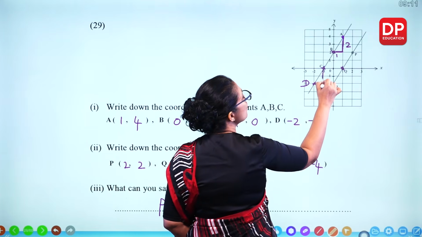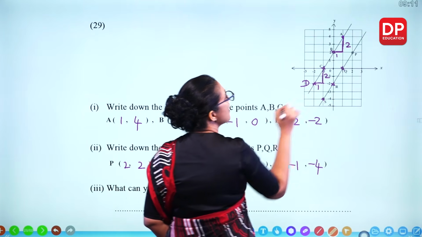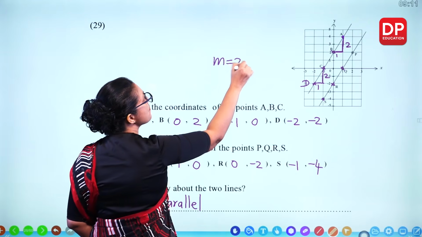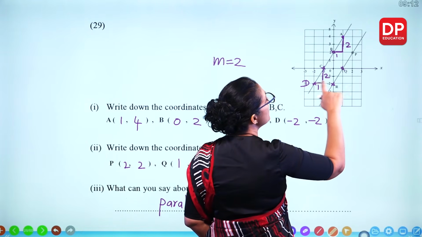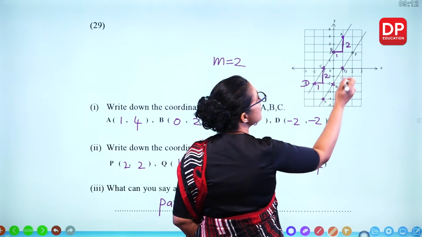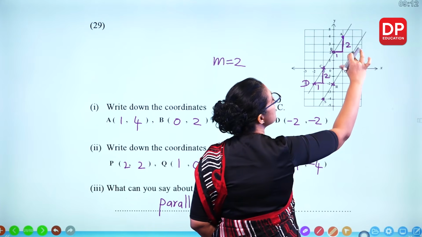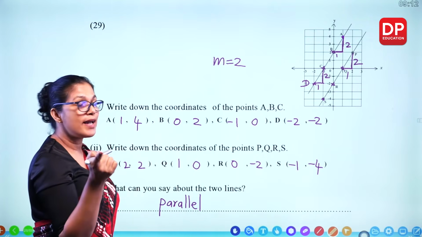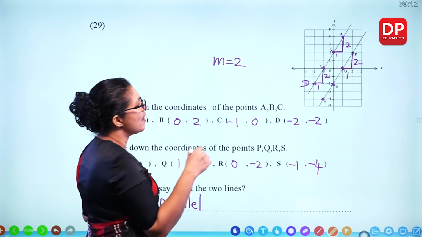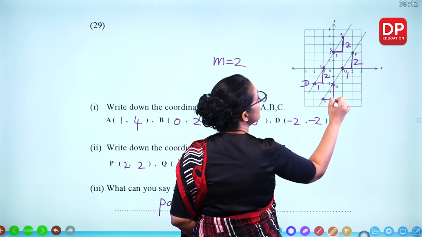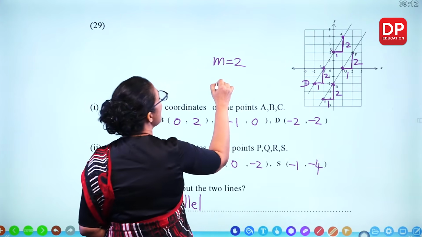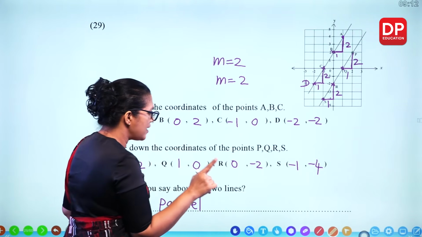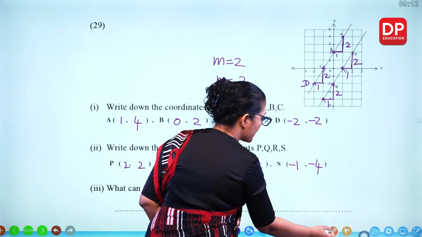You can take any 2 points, 2 over 1. So the gradient or slope is 2. We'll take the other one. Take any 2 points and get the ratio between y and x, 2 over 1. Here, 2 over 1. So m equals 2. And also you can identify the slopes like this.